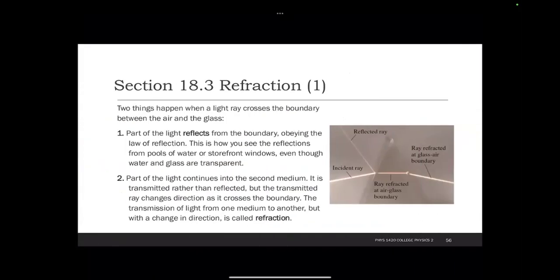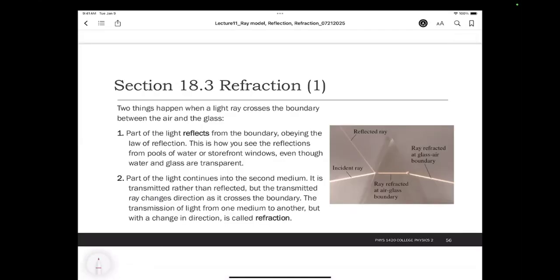Okay, let's talk about refraction. What is refraction? Two things happen when a light ray crosses the boundary between the air and the glass. Part of the light reflects from the boundary, obeying the law of reflection. This is a reflected ray.